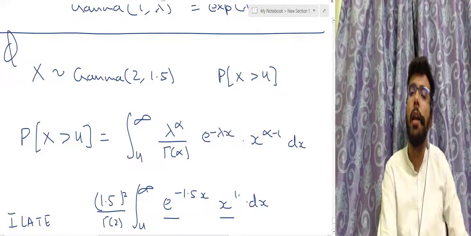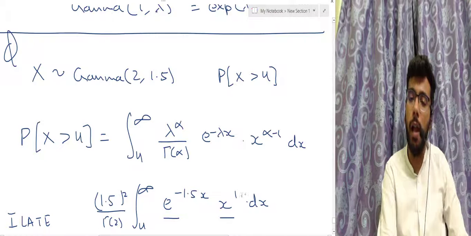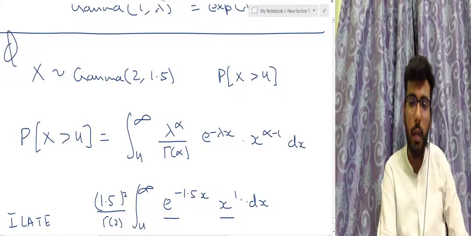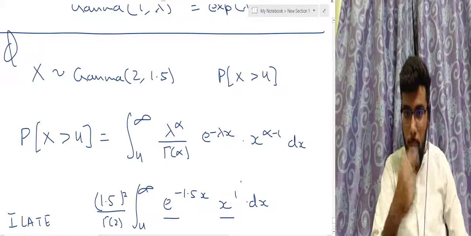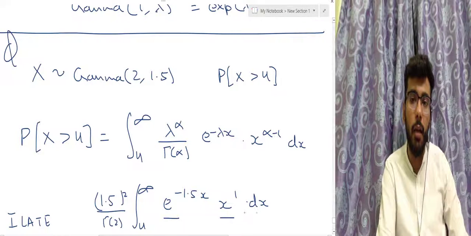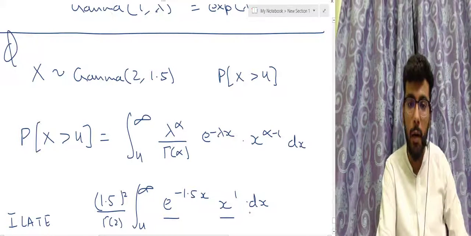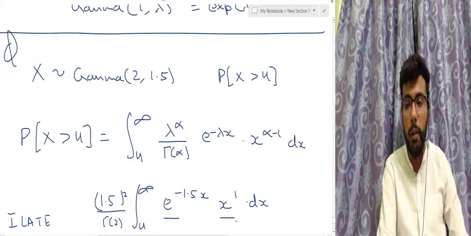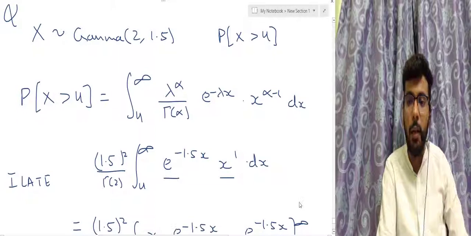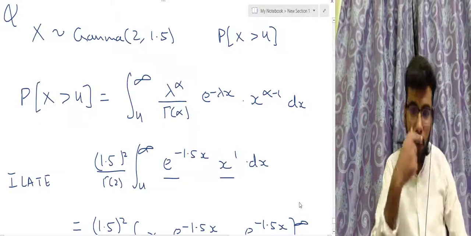If you had x to the power of 3, then you would have to apply integration by parts thrice. So as the power of x increases, the number of times you have to apply integration by parts again and again just increases. Once you apply integration by parts, you differentiate x, then you have one lower power, and so on and so forth.